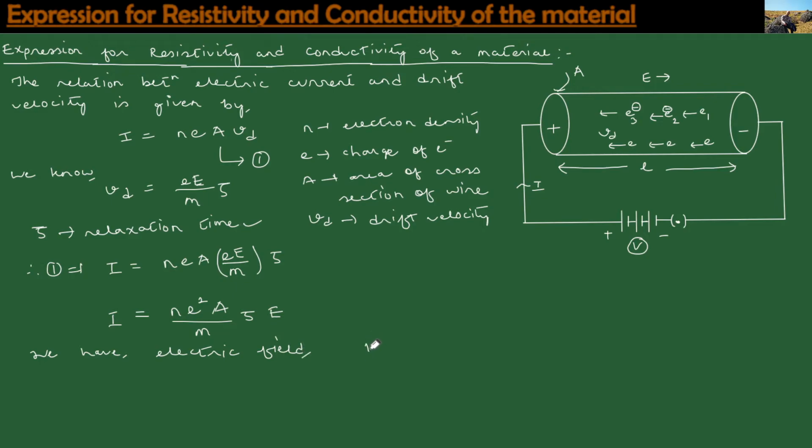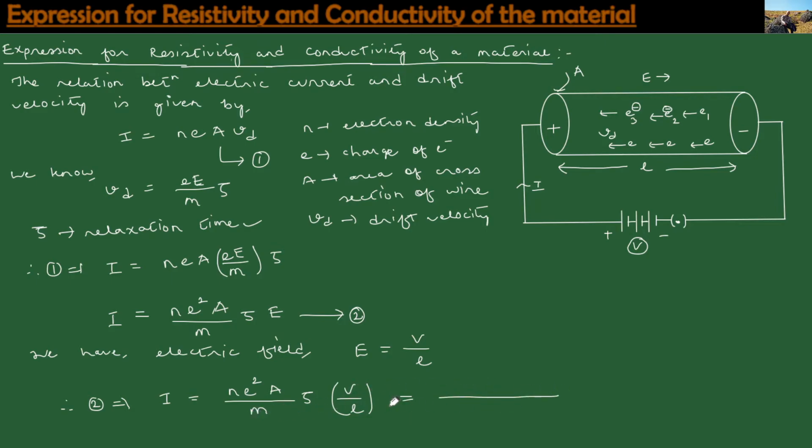The electric field E equals V divided by L. Marking this as equation number 2, it gives I equals n e square A divided by m into tau, and the expression for E, the electric field, will be V by L. Then further from here, we can write this relation in this form.